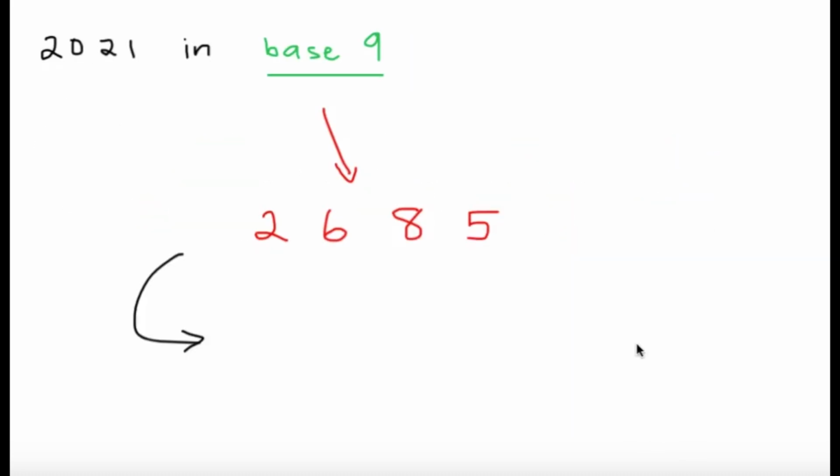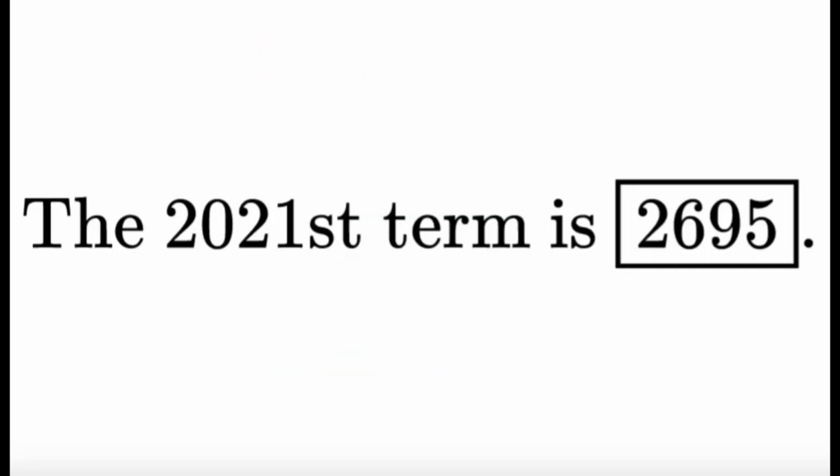So going back to the number we got, the 2, 6, and 5 have no problems; they just stay 2, 6, and 5 respectively. But the 8 over here, since this is in base 9, we have to convert into the good number sequence, and all the 8s become a 9. So this number, 2695, is going to be the 2021st term of the good number sequence. And this will be our final answer.